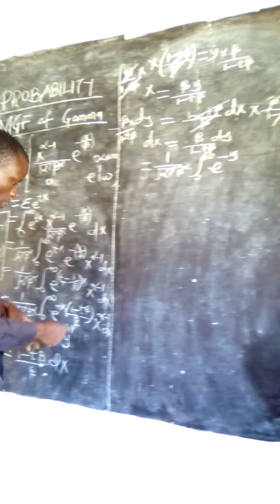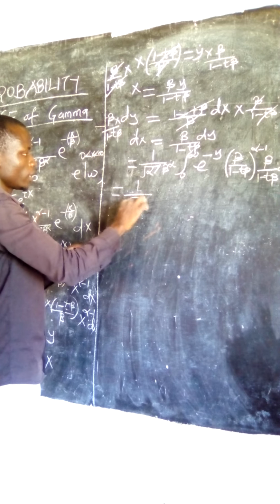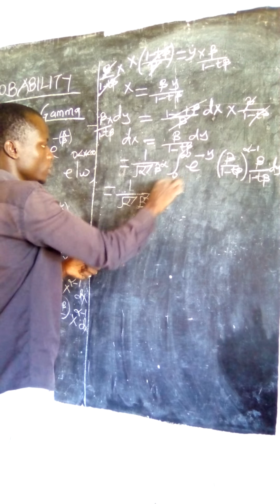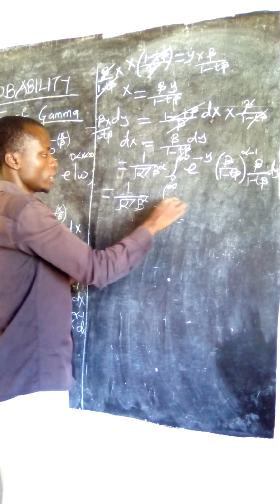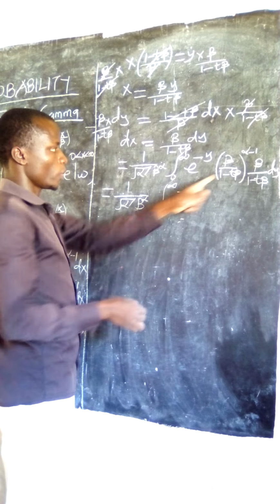Remember, when you simplify this bracket, you will end up by having beta raised to alpha minus 1. So let me write what I'm saying. That is 1 over gamma of alpha beta alpha, the integral from 0 to infinity, exponential of negative y. When I come here, this is my major area of concern. So beta will be affected by the power. So beta will be raised to alpha minus 1.